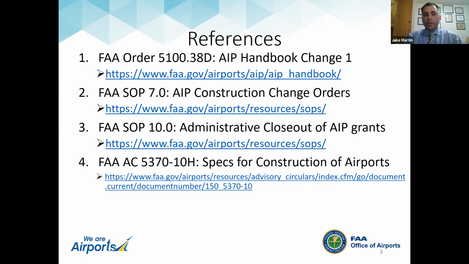So that's very important instructions to the FAA as far as how we're supposed to implement the program in order to comply with the laws that Congress has put in place. The SOPs are guidelines to the agency on how we're supposed to implement things. And then, of course, advisory circulars are advisory until you have an AIP grant where you're using federal money or you're a Part 139 airport, then compliance with the ACs is mandatory.